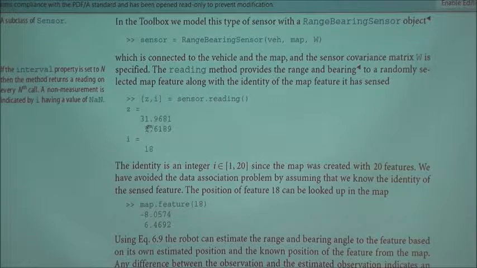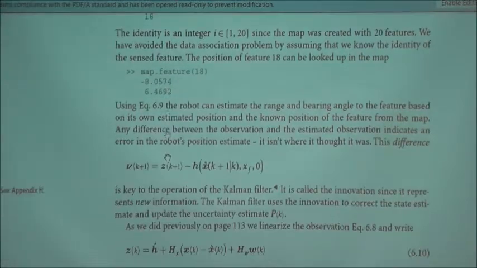and you call I, and I is the time step. I is an integer. Since the map was created with 20 features, it shows the location of the 18th feature.